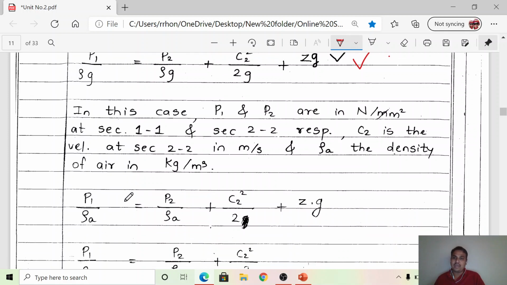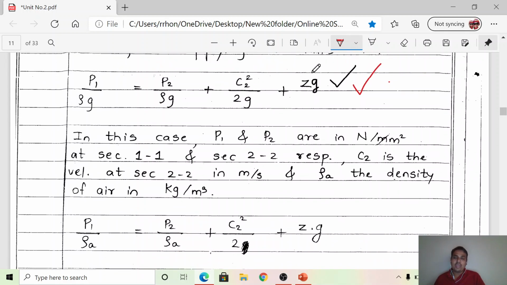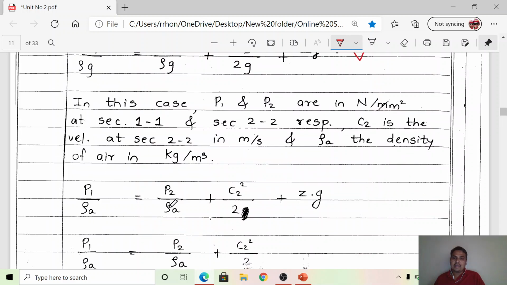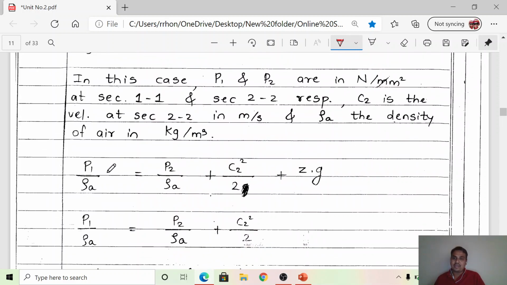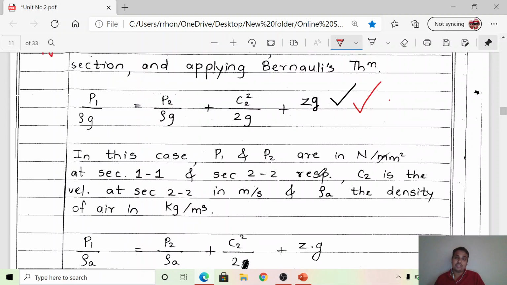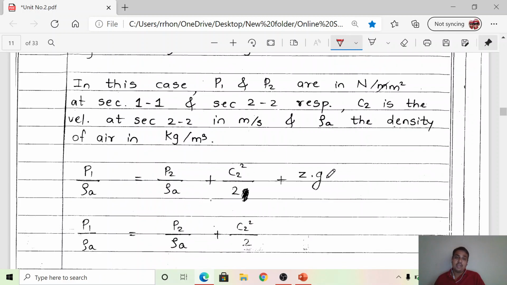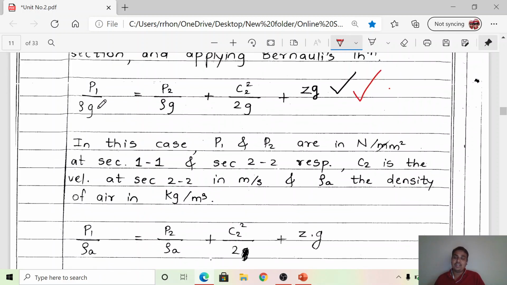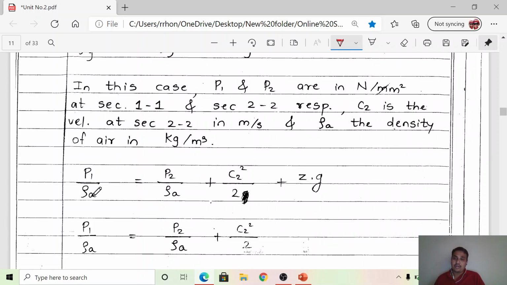So what is remaining in this case? We have written the equation like this: P1 by rho a is equal to P2 by rho a plus C2 square by 2 plus this Z g as it is. This Z g which is present over here we have written as it is. So the gravitational acceleration will get cancelled to each other, that's why I have not written it over here.